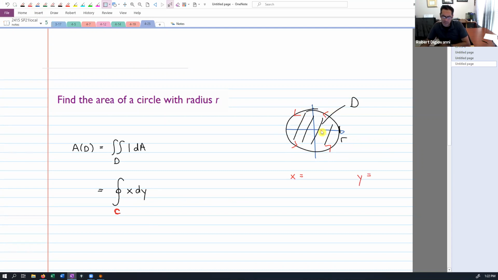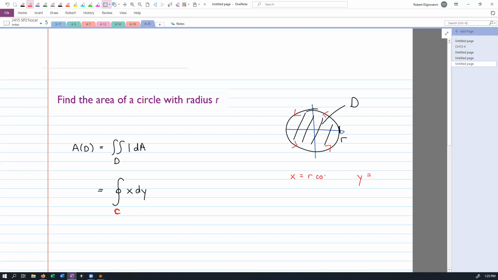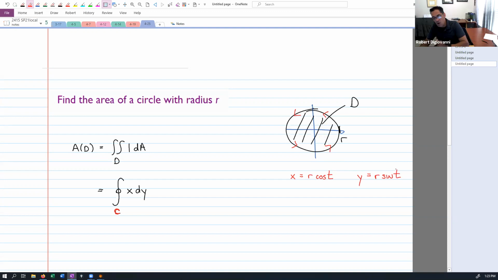What are the parametrics for drawing a circle of radius R? x equals cosine of t and y equals sine of t, bounded between 0 and 2 pi. You put R in front of it, yes. You got to have the R in front. You were drawing me the unit circle, but we want a circle of radius R. So t goes between 0 and 2 pi.